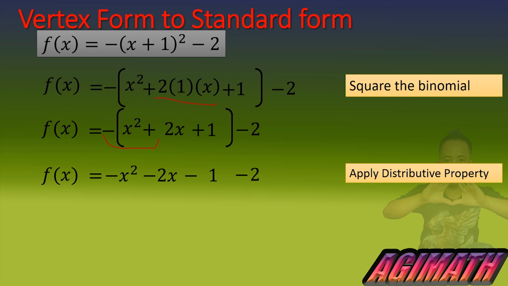And then minus 2. Then you focus on this part because they are all constant terms, so they need to be simplified. That's why we're going to have f of x equals negative x squared minus 2x, and negative 1 minus 2. I'm going to show you what negative 1 minus 2 is.